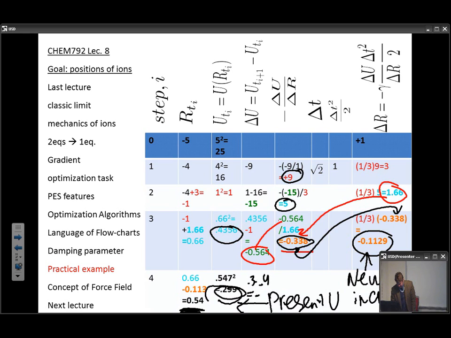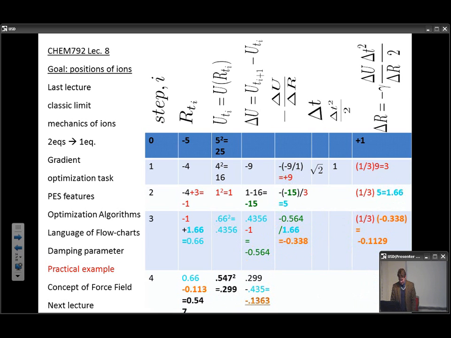Oh, 0.3 minus 0.4 will be minus 0.1. Okay, so this minus 0.1 is already smaller than our predefined tolerance limit that we agreed on before starting this game, that if the difference in energy becomes smaller than 0.3, then we will say, okay, we are happy, we are stopping the procedure, and we are reporting success.